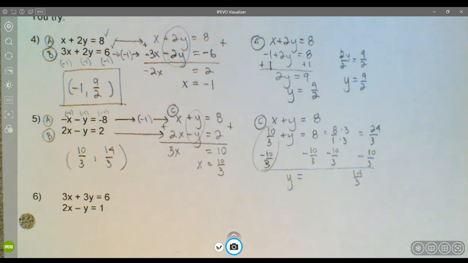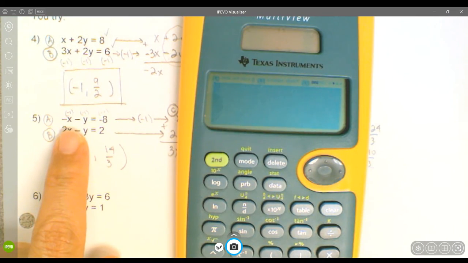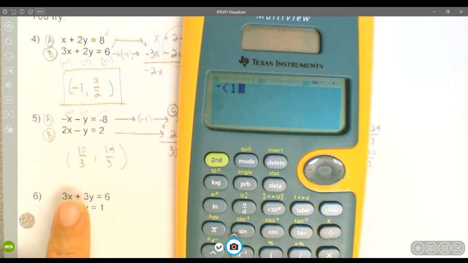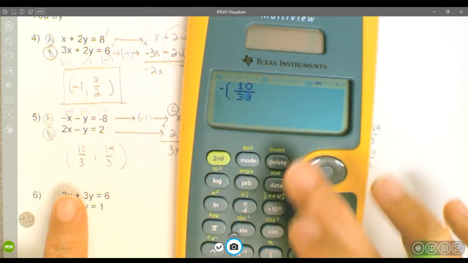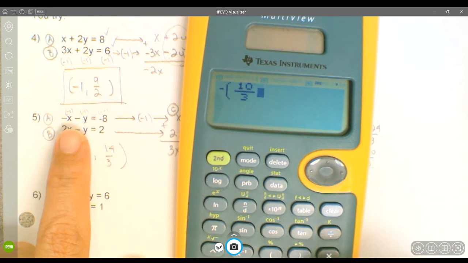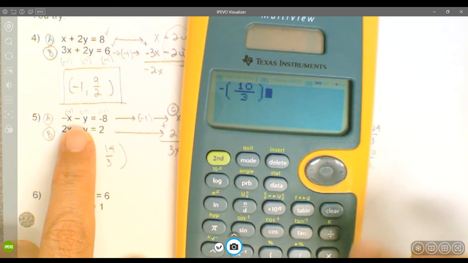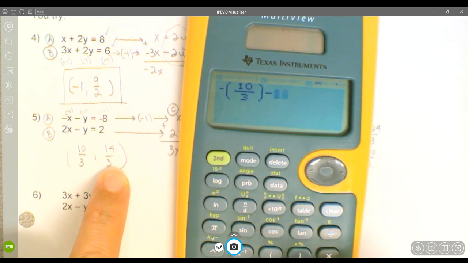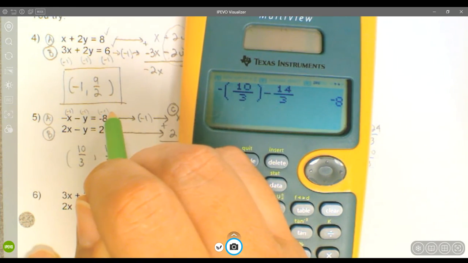I need a moment. That was a lot of fractioning. Okay, so let's go ahead and substitute here. I want to know, does negative 10/3, oh, I do that every time, minus y, which is 14/3, what does that equal? Oh, good. It equals negative 8.